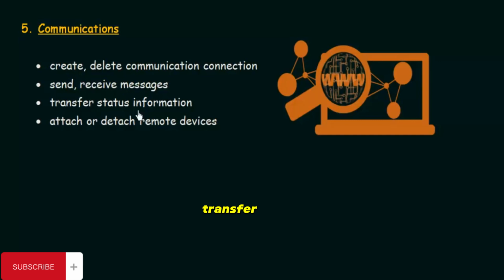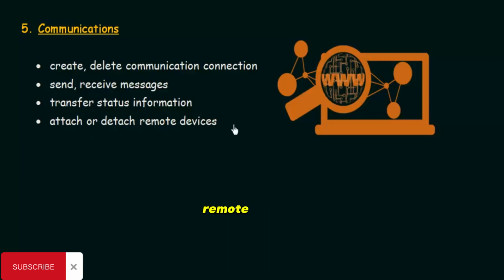Then we have transfer status information. That means when the processes communicate with each other, they may need to report the current status of that particular process. A process may say that yes, I have completed my execution, or it may have to say that I need access to this particular resource. In that way, the process is transferring its status information. Then we have attach or detach remote devices.